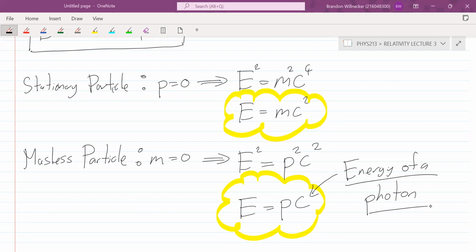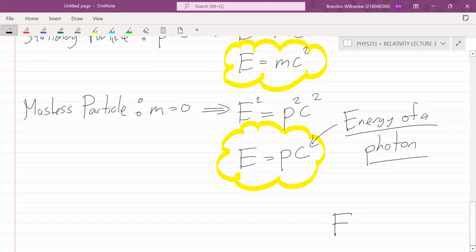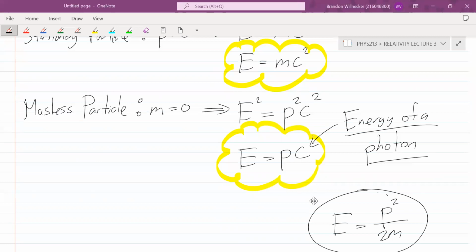For a non-relativistic, first year kind of particle, we saw that E is equal to P squared over 2m. If it has mass, we can of course divide by the mass because it's non-zero. So we've got this quadratic behavior in P. However, if it's massless, we've got this linear behavior in P. Okay, so certain interesting things can come from that.